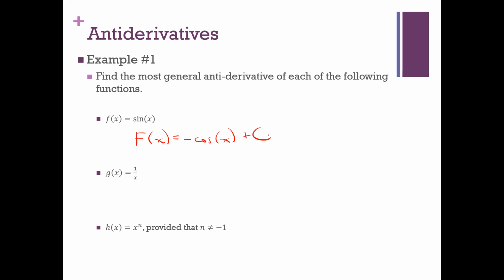All right, g of x equals 1 over x. Did anyone fall into the power rule trap? How does the power rule work on that one? X to the 0 over 0. Everything falls apart, right? So hopefully we're okay with this idea: the natural log of the absolute value of x.